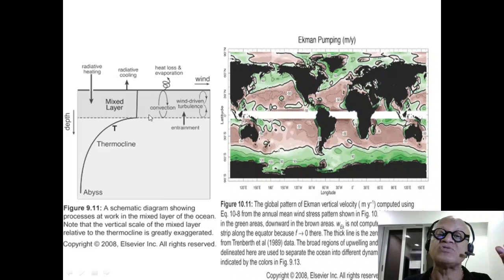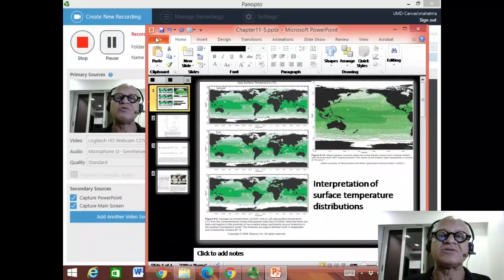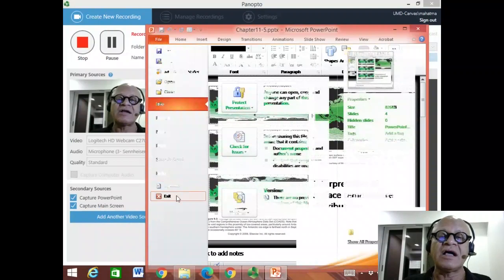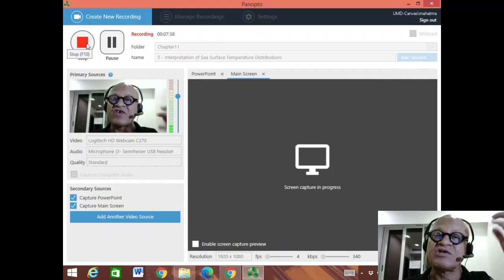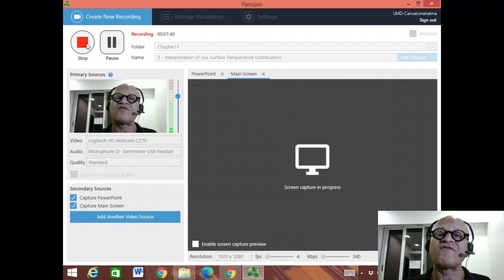This has huge consequences for biology as well, because you need nutrients to be entrained into the light zone or the euphotic zone to have biological production in the surface waters. So those are just kind of process details. We will see how these work at higher latitudes so that we can put that in the context of buoyancy loss, convection in the ocean, and deep water formation.